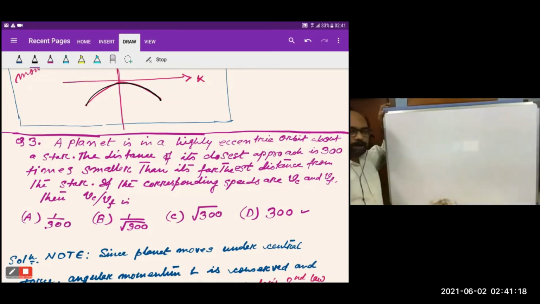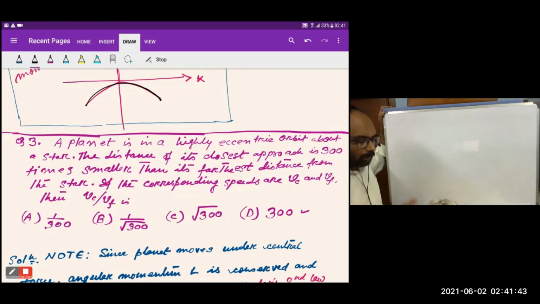As soon as you read the first line, a planet is in a highly eccentric orbit about a star, we know from Kepler's laws of planetary motion that a planet moves in an elliptical orbit with the sun at one of its foci.